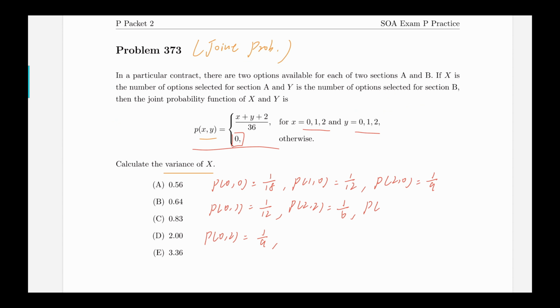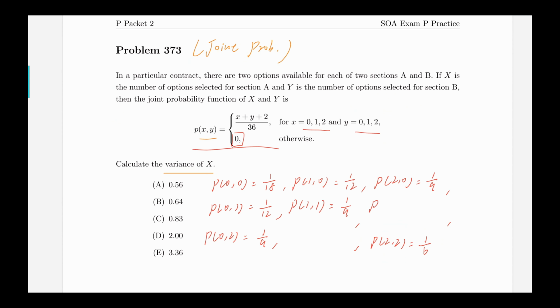When x equals 3 and y equals 3, oh, sorry, I think I made a mistake, there's not really a 3. I should have put my 2 and 2 here. Yeah, sorry. So when they both equal 1, this should be 1/9.